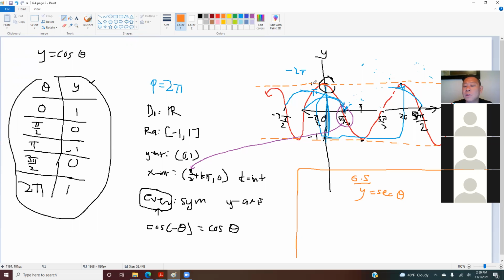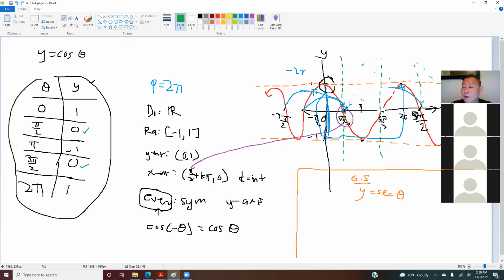Okay. And then when you look at your vertical asymptote, it is bound by the zeros. So now the zero is no longer at 0, pi, 2 pi, 3 pi. It's going to be pi over 2, 3 pi over 2, 5 pi over 2. This is your vertical asymptote in this case.